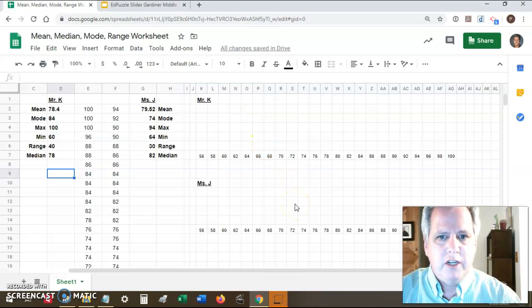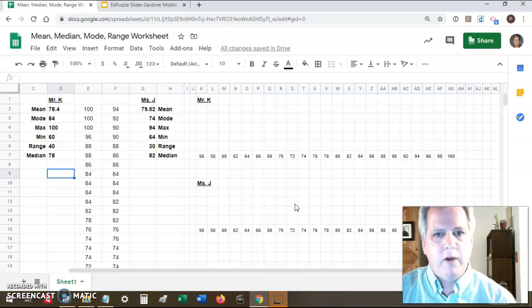This spreadsheet is where I'm going to construct a histogram. This spreadsheet is where I made up all these numbers. I've been teaching long enough that I know what a grade distribution on tests looks like, and I'm lazy enough that I can get the computer to do a lot of calculations for me. So I just fiddled with numbers until I got things that seemed like they would work for this activity.